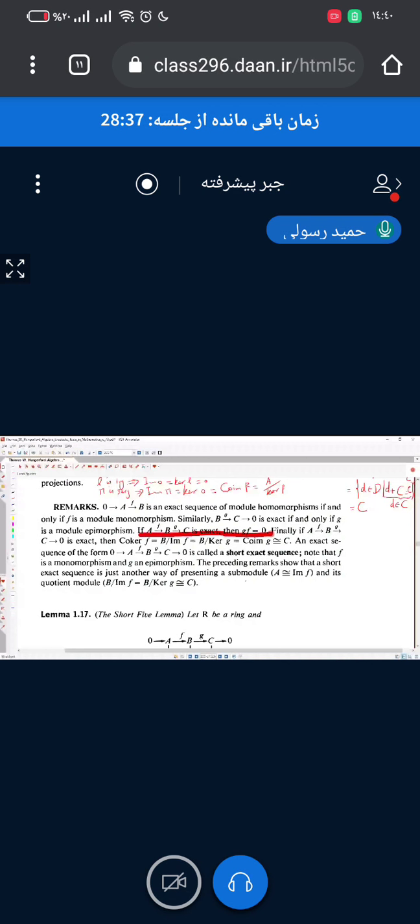Let me explain about this one. We know that if the sequence is exact, we have the image of F equals the kernel of G. This means that for all A in A, F of A, which is in the image, is in the kernel of G. This means that for all A in A, G of F of A equals 0.